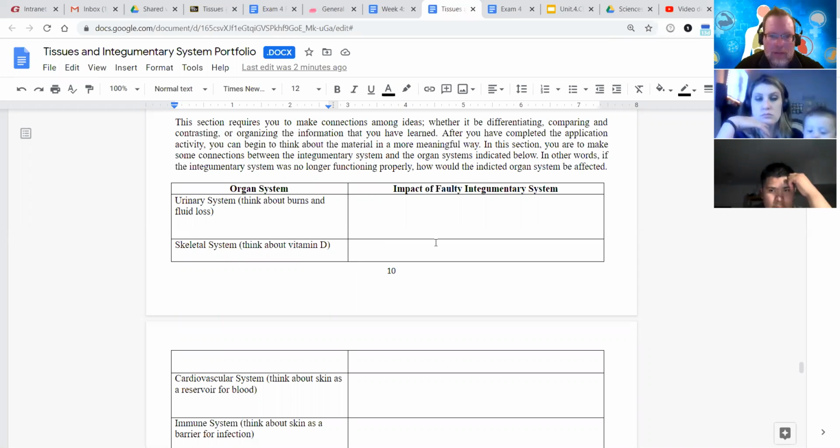So if the integumentary has issues, that could affect how the skeletal system is able to store calcium. Without vitamin D synthesis going on, calcium absorption doesn't take place like it should. Therefore, we don't get as much calcium to the bones. So that's kind of what we're thinking about with those.